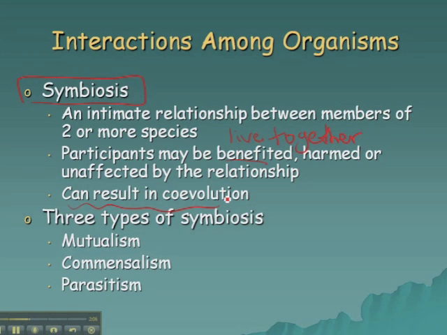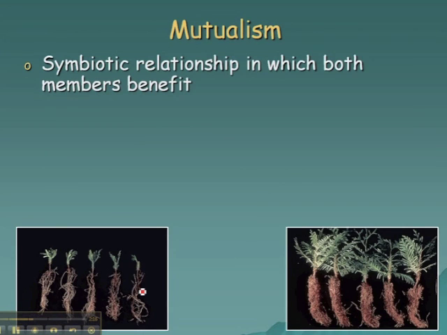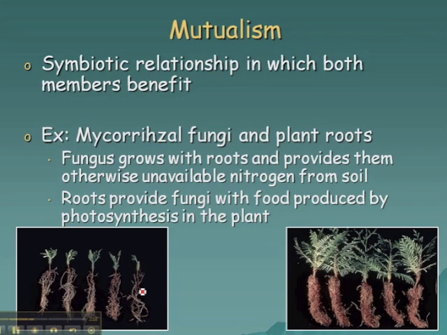And the three types of symbioses are mutualism, commensalism, and parasitism. Okay, so those are three categories of symbiosis. Okay, so mutualism is basically when both members benefit, and an example is with mycorrhizae. And this is a type of fungus, and they have a symbiotic or mutualistic relationship with plant roots.